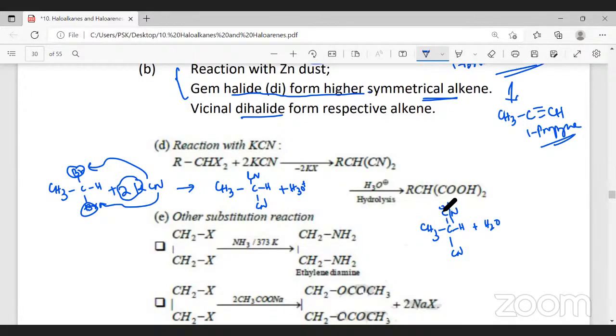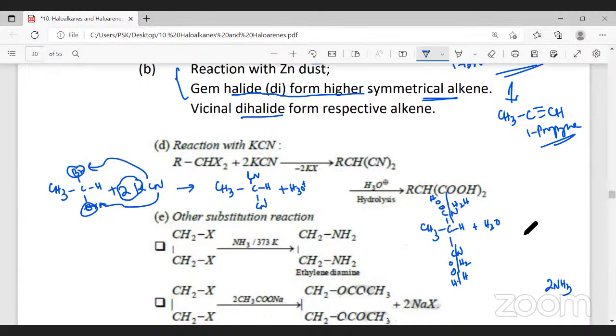Water, I can write as OH and H. The second mole of water, I can write as OH and H. See, the byproduct is ammonia. Here also the carbon and nitrogen bond breaks. The second water molecule I will represent as OH and H. So how many moles of ammonia get eliminated? 2 moles of ammonia get eliminated.